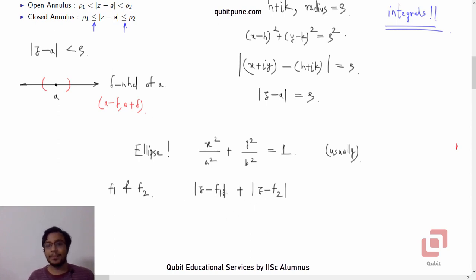And we know that the sum of the focal distances of any ellipse is constant, which is equal to, in usual notations, 2a, the length of the major axis. Well, this is still based on the focus directrix property, but here we have used the property that the sum of focal distances is constant.